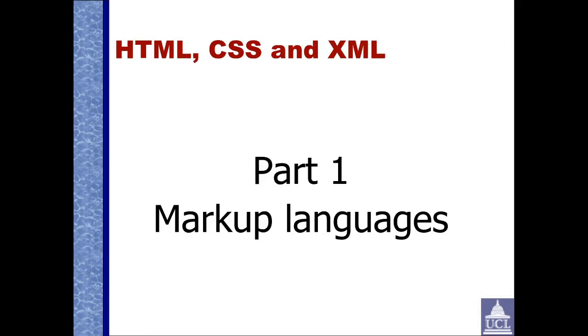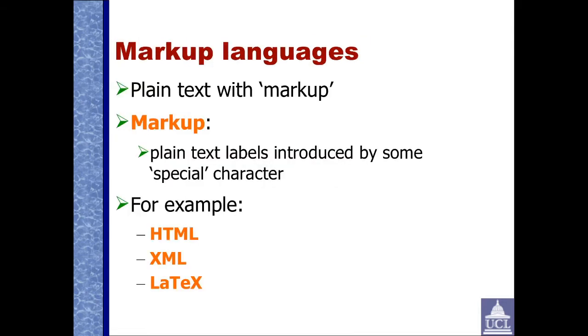Part 1. Markup languages. So a markup language is simply plain text containing markup. What do I mean by markup? Well, it's simple, again, plain text labels, but introduced by some special character, which might be a less than sign, a greater than sign, a backslash, a percent, a square bracket, and so on.